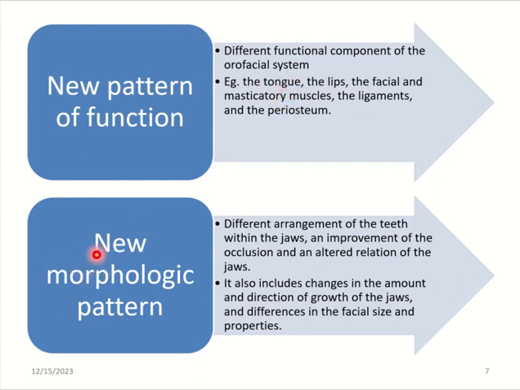Because of such things, the effect will be a new morphological pattern. So there is a different arrangement of the teeth within the jaw, an improvement of the jaw occlusion, and an altered relation of the jaw. It also includes changes in the amount and direction of growth of the jaws, and differences in facial size and proportions.